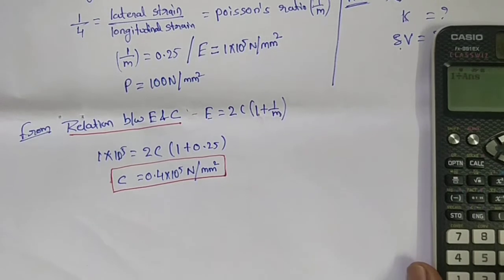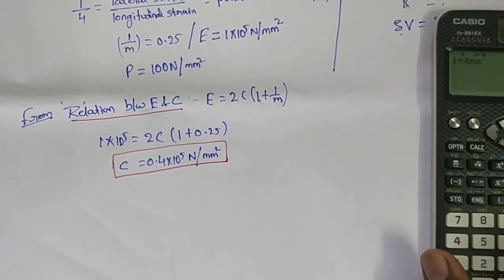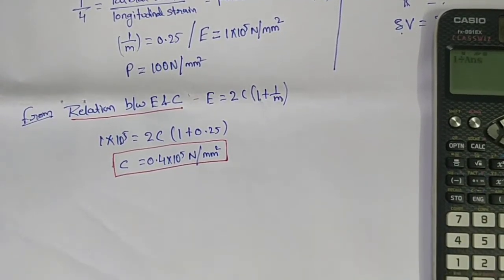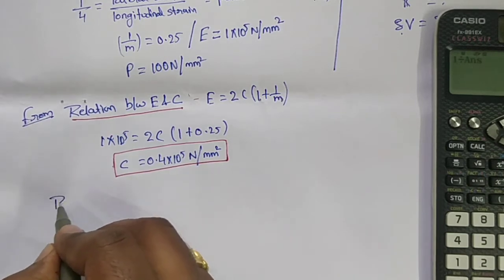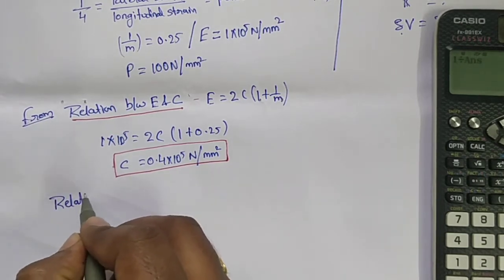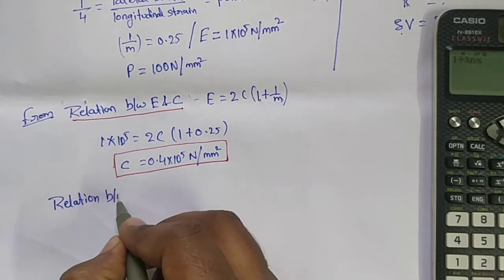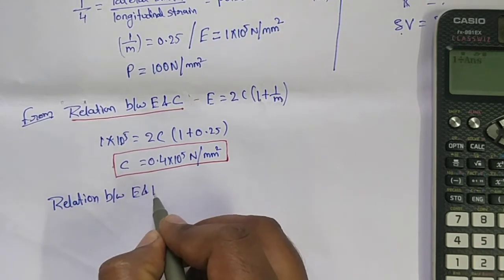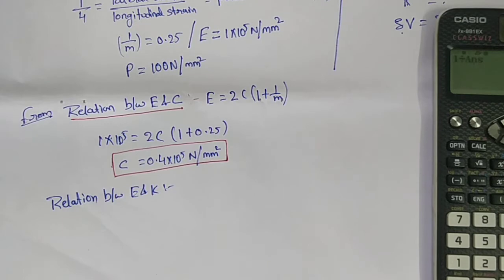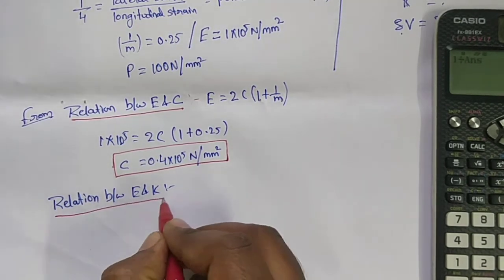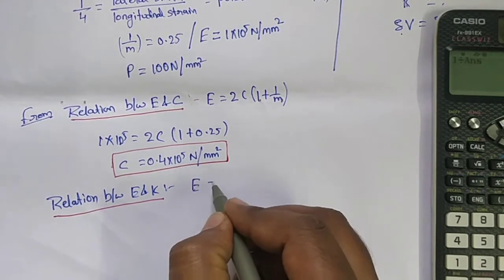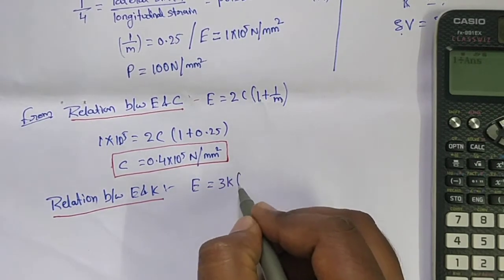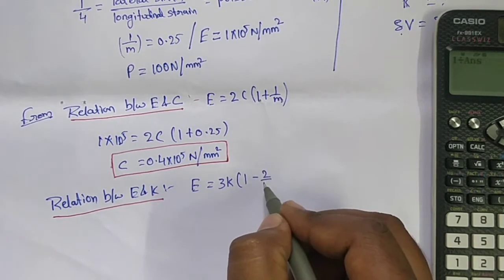In a similar way, we need to calculate the value of bulk modulus. We know the relation between E and K, that is E is equal to 3K into 1 minus 2 by m.